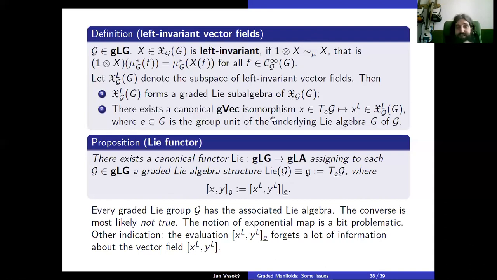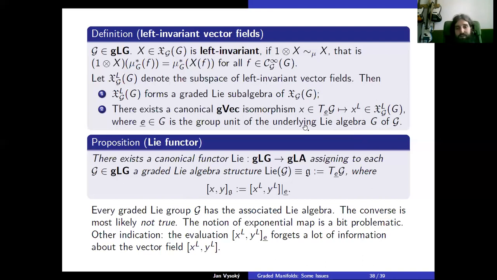And in fact, the tangent space to G at the unit of the underlying Lie group, so this is a tangent space to my graded manifold at the unit of the underlying Lie group, is canonically isomorphic to the algebra of left invariant vector fields. So there is an isomorphism which assigns to each vector here a vector field.